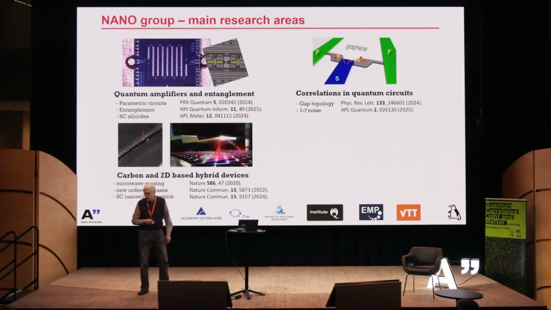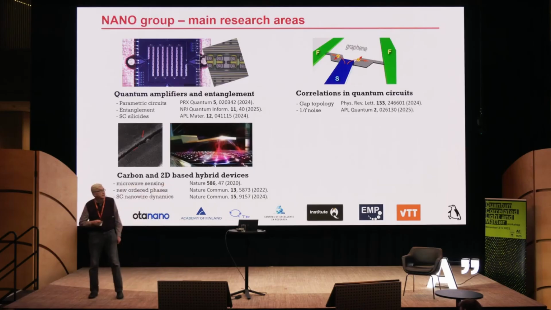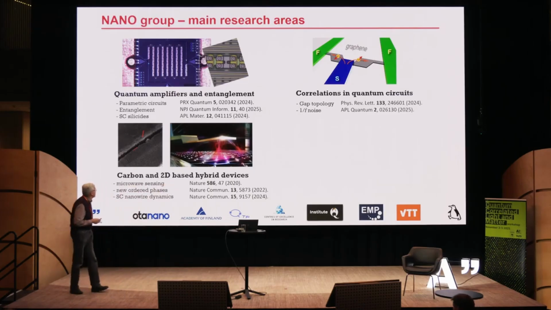We have worked a lot on hybrid circuits, superconducting circuits. So carbon nanotubes, graphene. We have done microwave sensing using graphene junctions. We have used carbon nanotubes as templates for atoms and done Bose-Einstein condensation type of experiments in these systems.